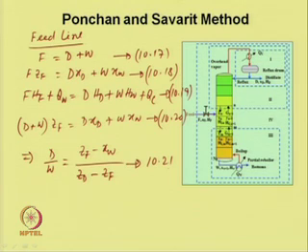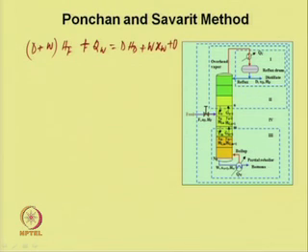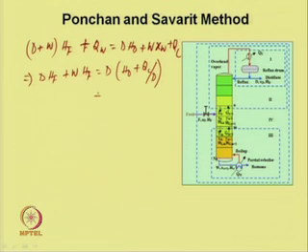which is 10.21. Similarly, from 10.17 and 10.19, the energy balance equation, we can write (D plus W) into H F plus Q W is equal to D H D plus W H W plus Q C, and from this we can write D H F plus W H F is equal to D (H D plus Q C by D) plus W (H W minus Q W by W).